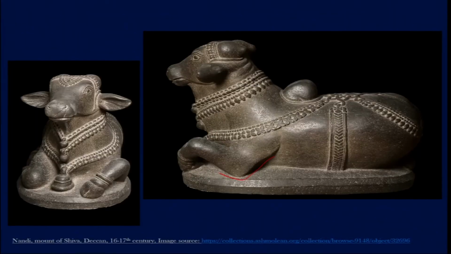So in this seated image of Nandi, the bull has one of its legs raised slightly, and then it has its hump, this very characteristic hump, and it also touches its nostril with its tongue.